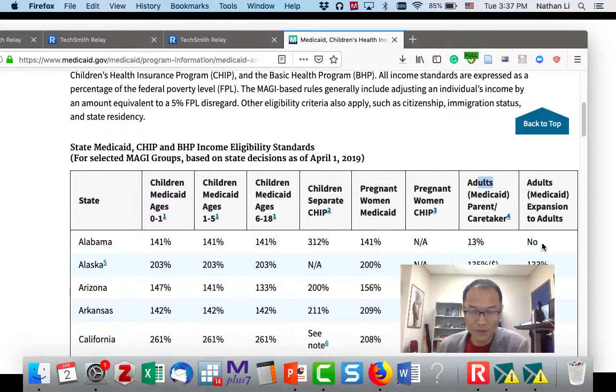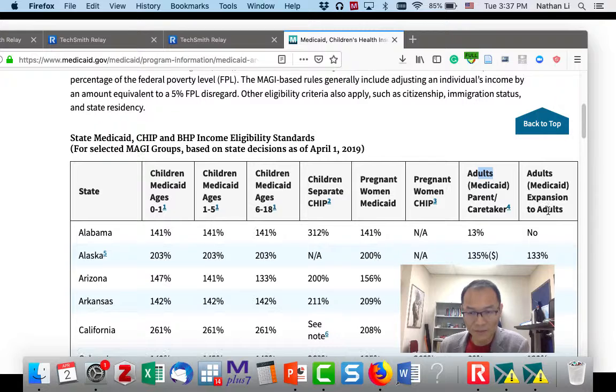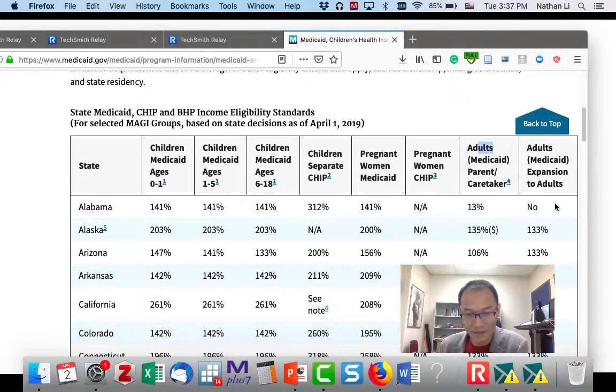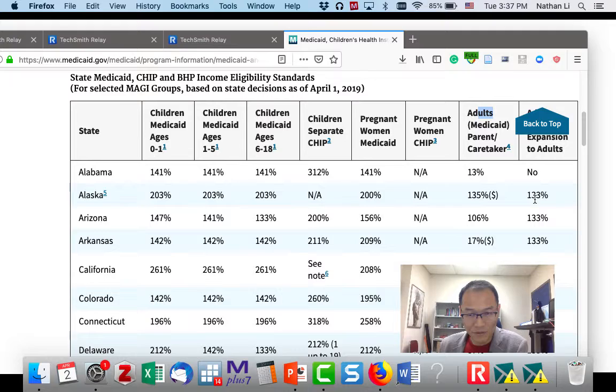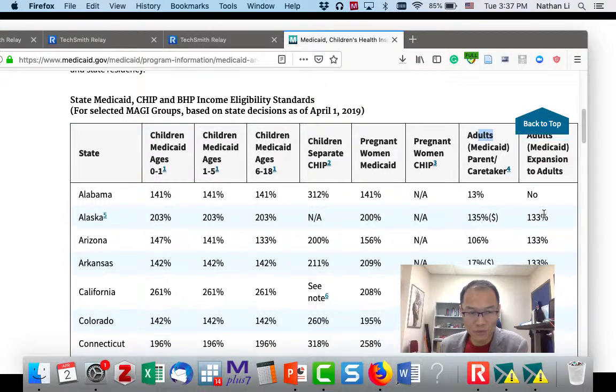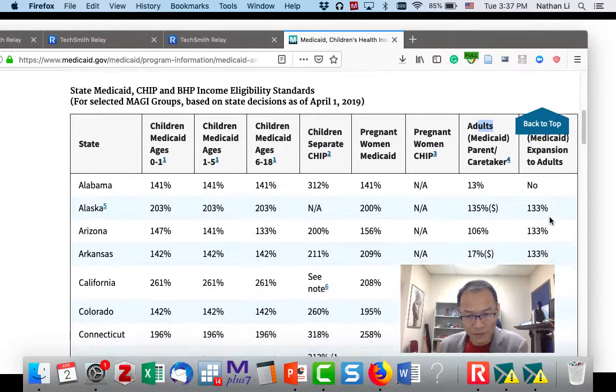This is provided in the Obamacare, and not all the states have this choice or expanded Medicaid under this provision. Alabama, for example, has no expansion to poor adults.